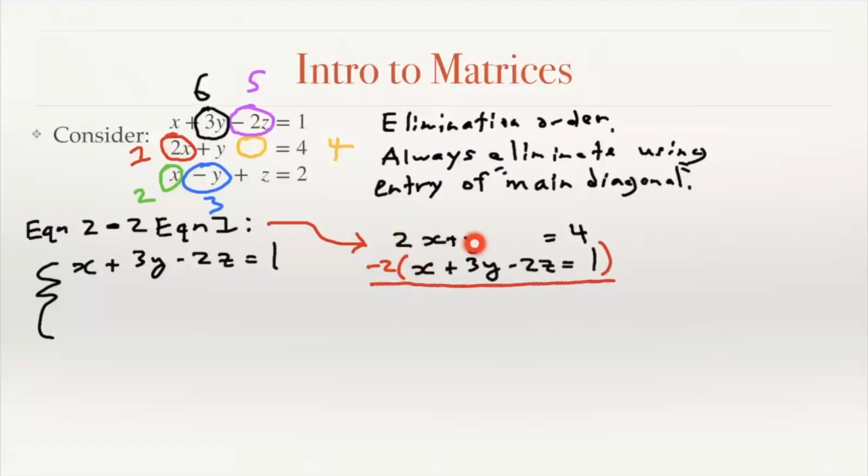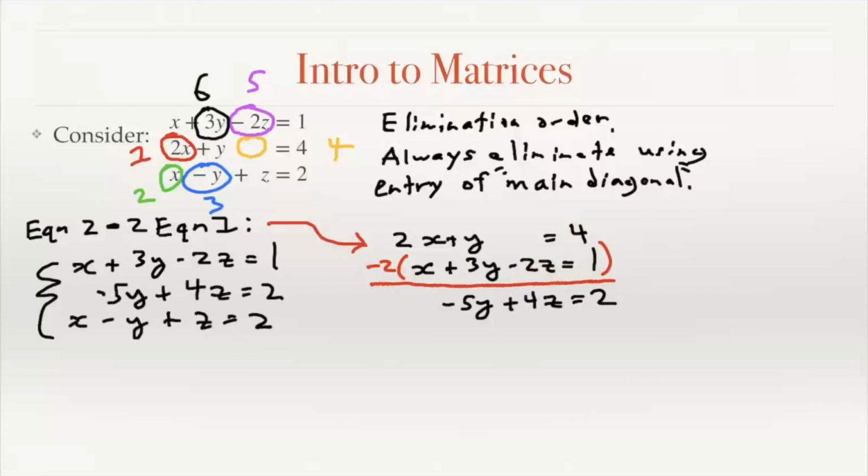That's the point. y minus 6y is minus 5y. 0 minus negative 4z is positive 4z. And 4 minus 2 times 1 is 2. So after we do that first elimination, our system looks like this. And the third equation we haven't touched yet.